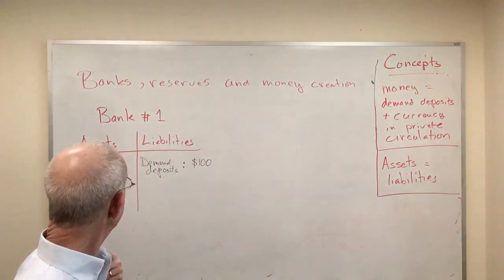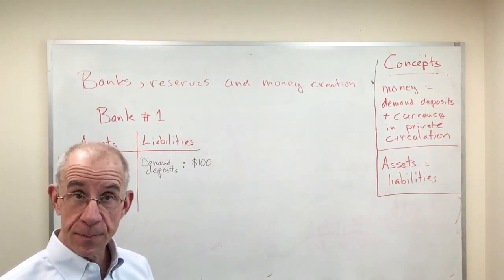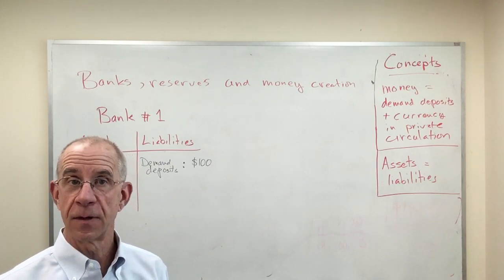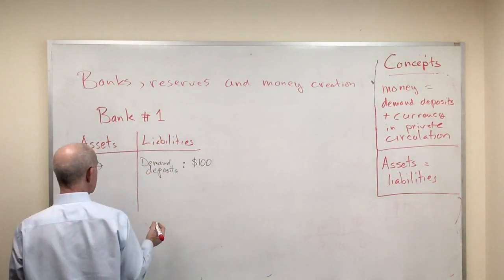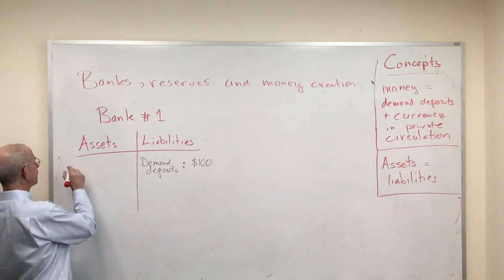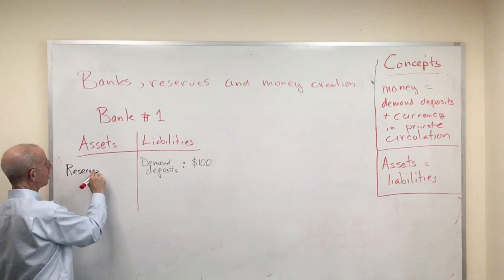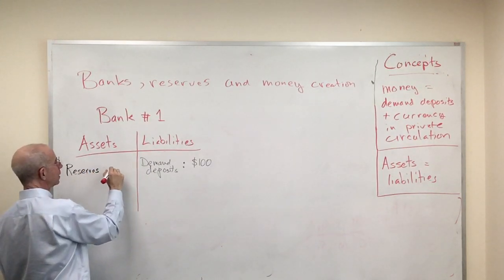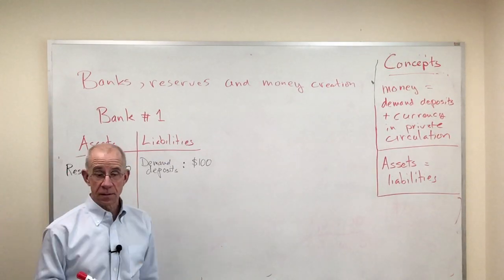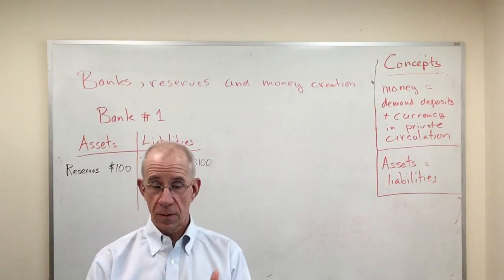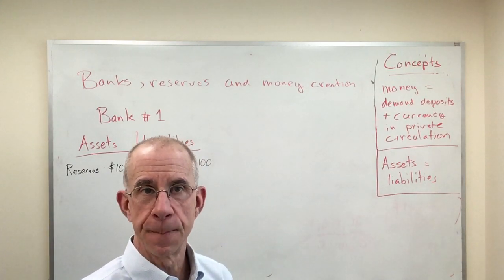Now, from the standpoint of the bank, those demand deposits are a liability. They've got to come up with $100 if asked. And let's imagine in the first case that they take these funds and they keep them all in reserves. They take the $100 of dollar bills, put it in the vault, keep it there.